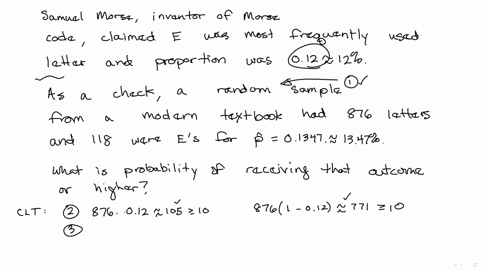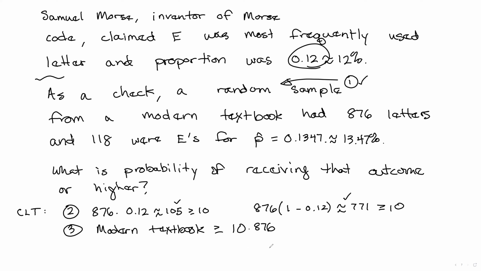And then check three, we're just given this information in the problem. 876 letters is not very many letters relative to the size of an entire textbook. If you take the modern textbook in terms of all the letters that are in it, it's much larger than 10 times that. You need to have some idea of the size of 876 letters.